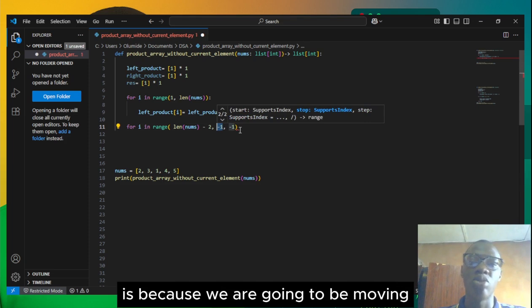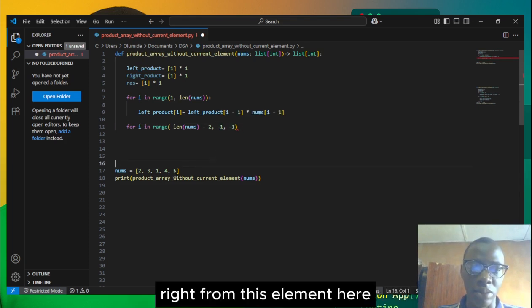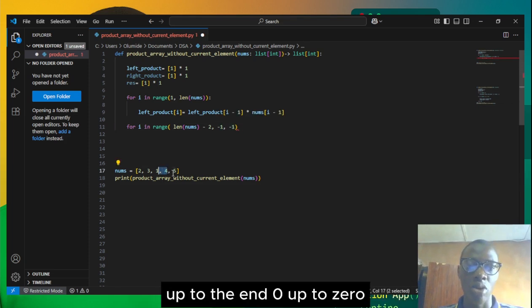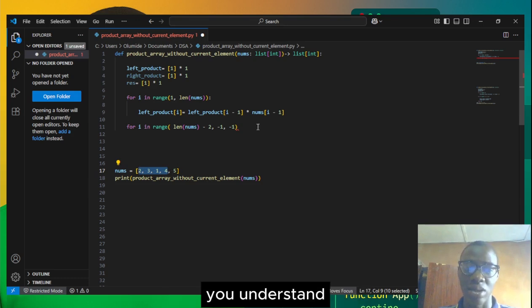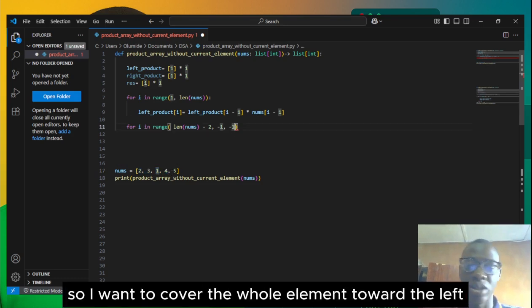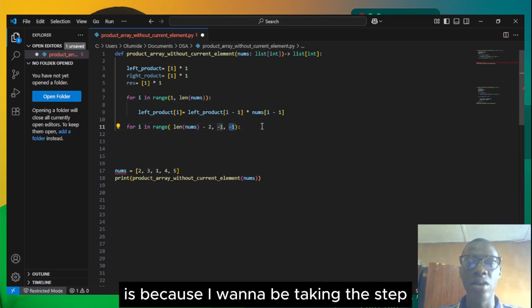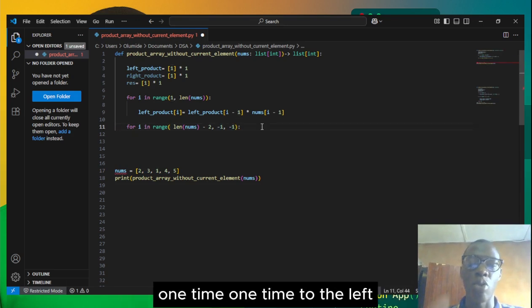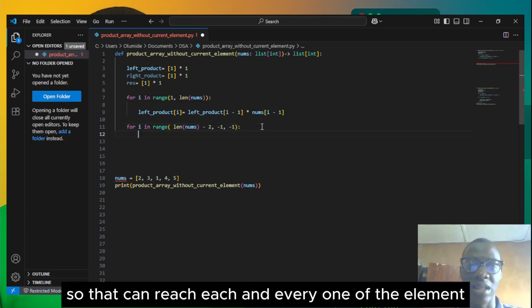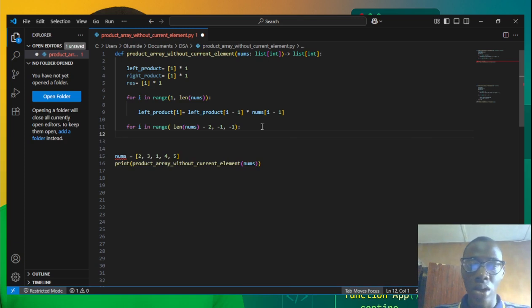We are moving right from this element up to 0, you understand? I want to cover the whole array toward the left, and the last minus 1 is because I want to take a step one time to the left, so that I can reach each and every one of the elements. Okay.